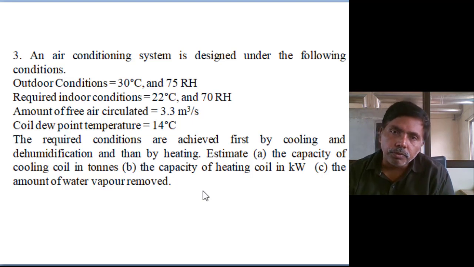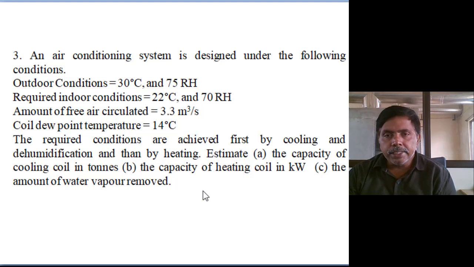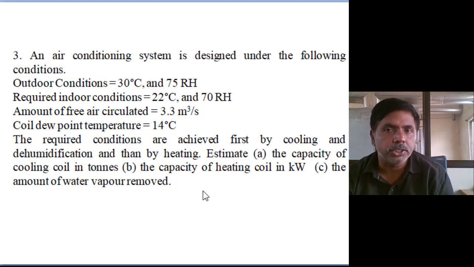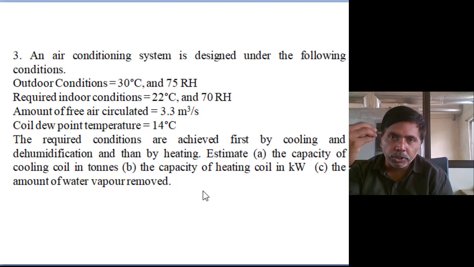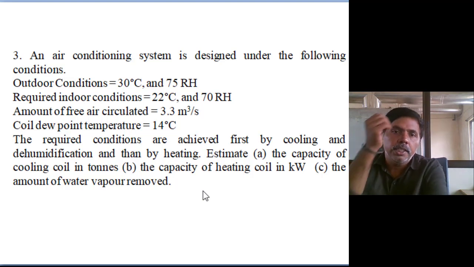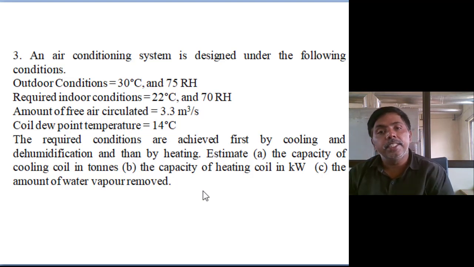Next problem. An air conditioning system is designed under the following conditions. The outdoor condition, the ambient condition of the air, is 30 degrees centigrade and 75% relative humidity.